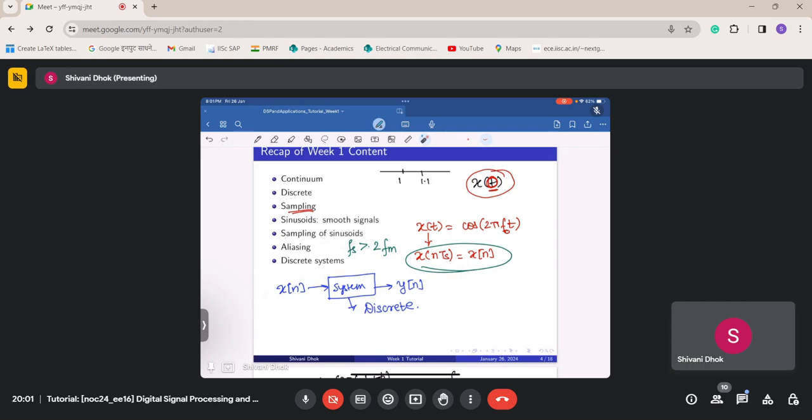Ma'am, whenever the fs is equal to two times fm, in that case, will the reconstruction be possible or not? It may not be possible because if you have sinusoids, then if your fs is equal to fs minus f naught, your two signals will overlap and they'll create constructive interference.